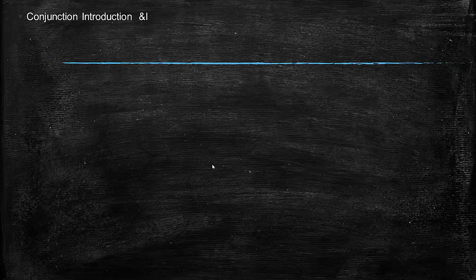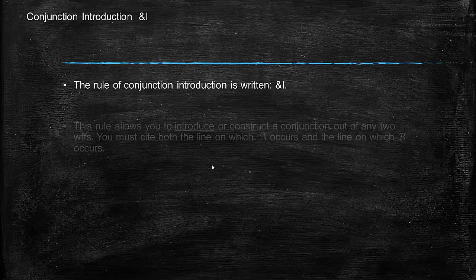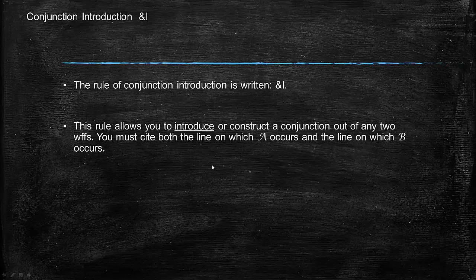Okay, two more rules for today involving conjunction. So conjunction introduction allows you to introduce or create or construct a conjunction out of any two woofs. And because there's two, you have to cite both lines. So it says that if you have like A on line 5 and B on line 12, then you are allowed to write A and B by 5, 12, and introduction.